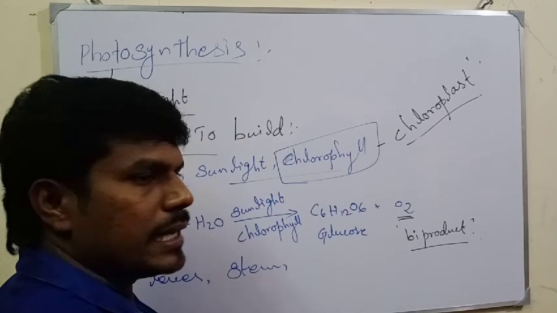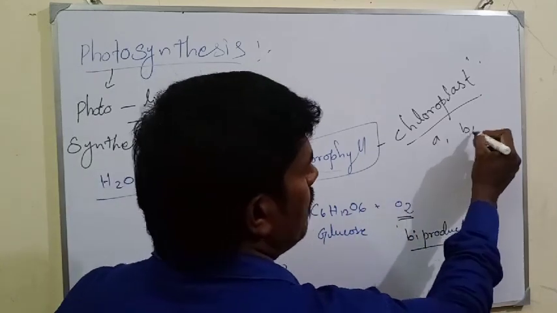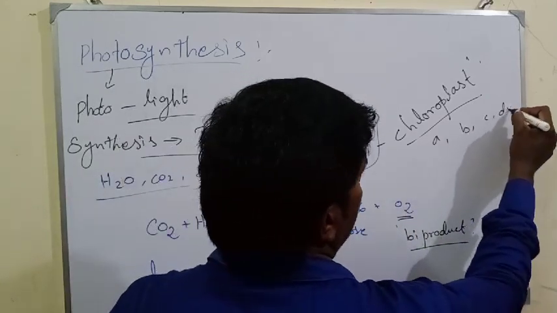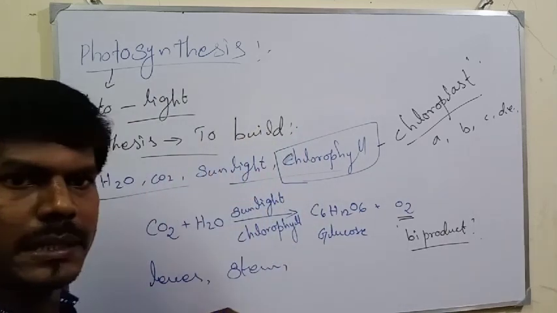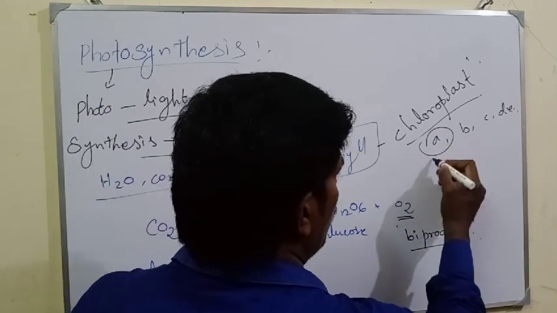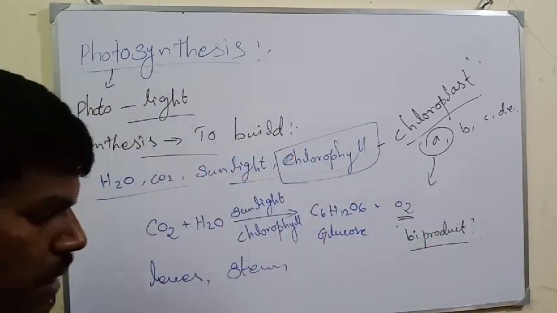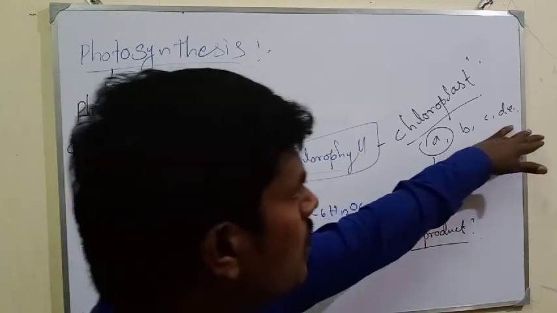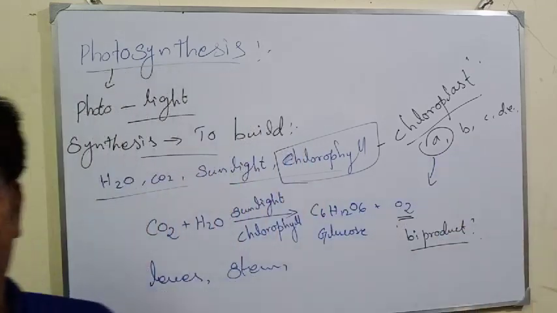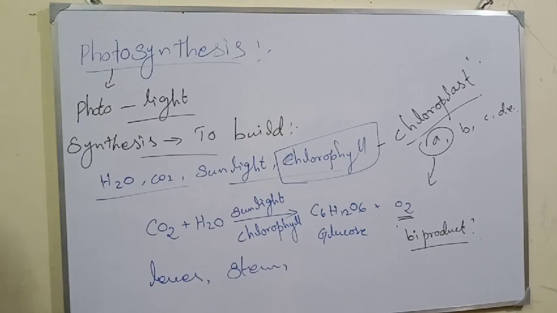The chloroplast consists of chlorophyll A, chlorophyll B, chlorophyll C, D, E. Like that, the pigments are present. Primary pigment means chlorophyll A only. All the remaining are accessory or secondary pigments. They are not necessary pigments.